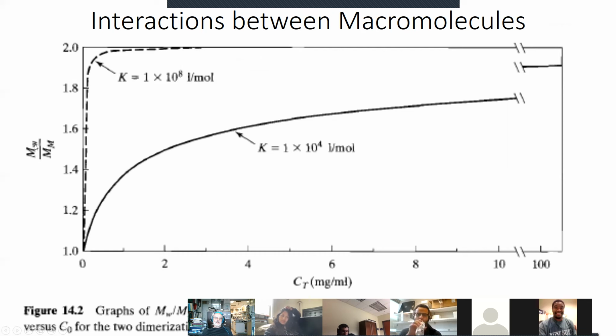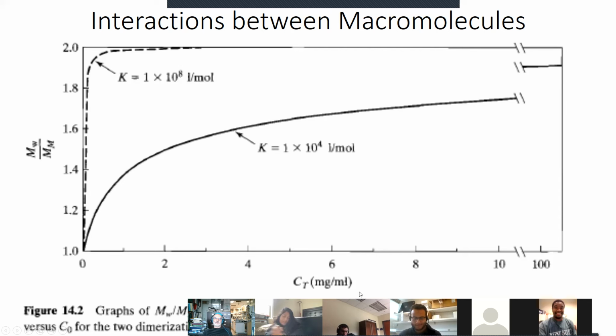Notice this is a weight average molecular weight versus the monomer molecular weight. And if this is a monomer-dimer equilibrium, then you're watching this ratio go from 1, 100% monomer, to 2, 100% dimer, over some concentration regime in terms of mg per mL, okay?